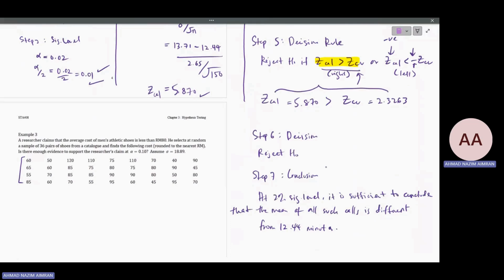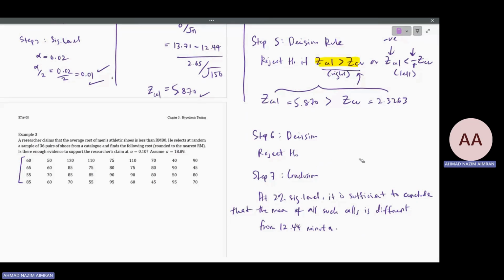The reason why I rephrase the wording is because, for example, let's say from the decision you get fail to reject H null. For this one, in the conclusion you just include that it is insufficient evidence to conclude that it is different.